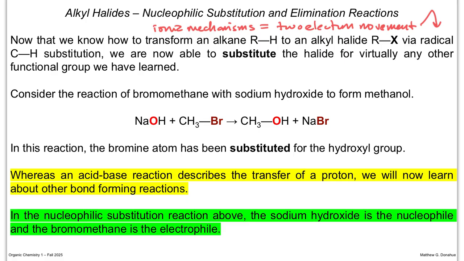And as we proceed through this module and then the next module, there's two types of mechanisms, substitution and elimination. This is called nucleophilic substitution because the nucleophile is supplying two electrons to attack a substrate that has a leaving group.